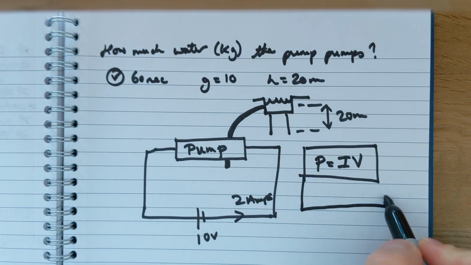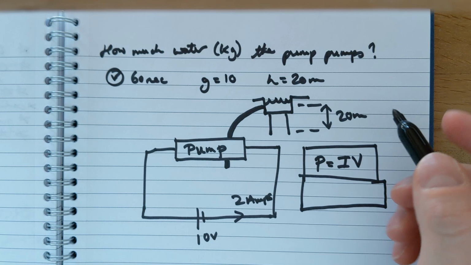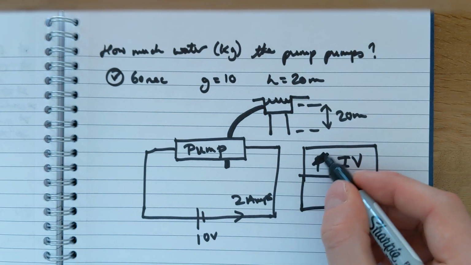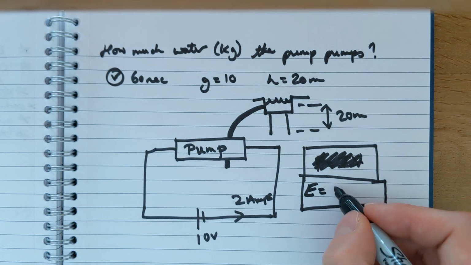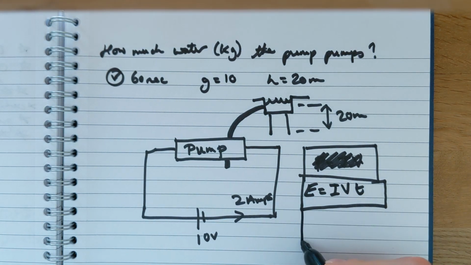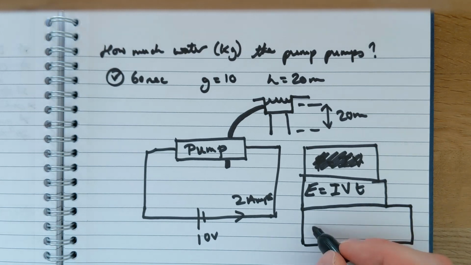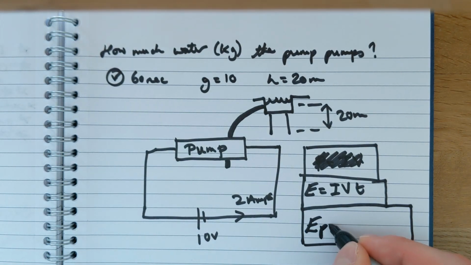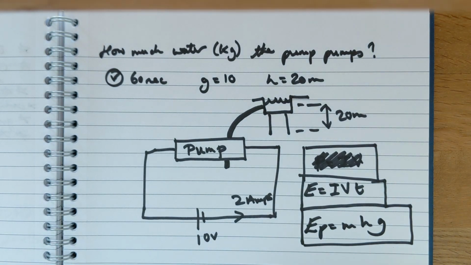The other equation: we won't use power, we'll use energy equals IV times time. And that defines the circuit part of the problem. And then, as before, potential energy equals mass times height times gravitational force.